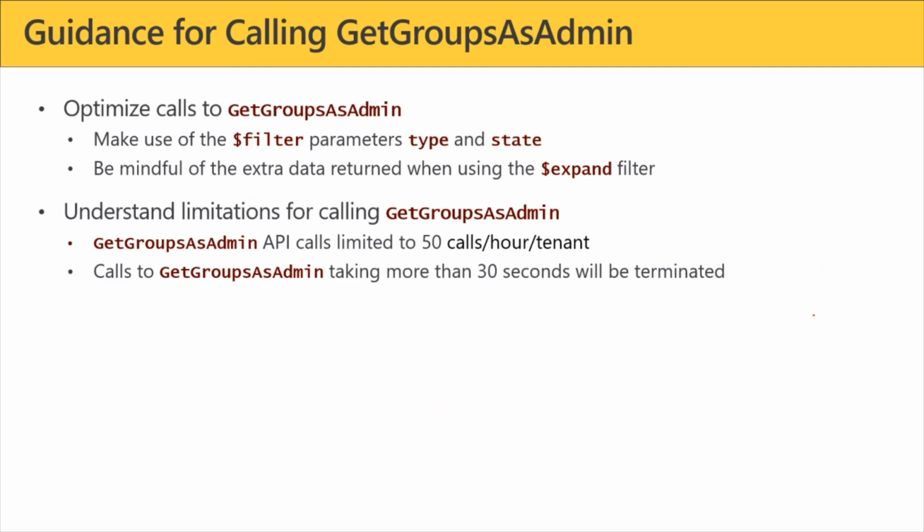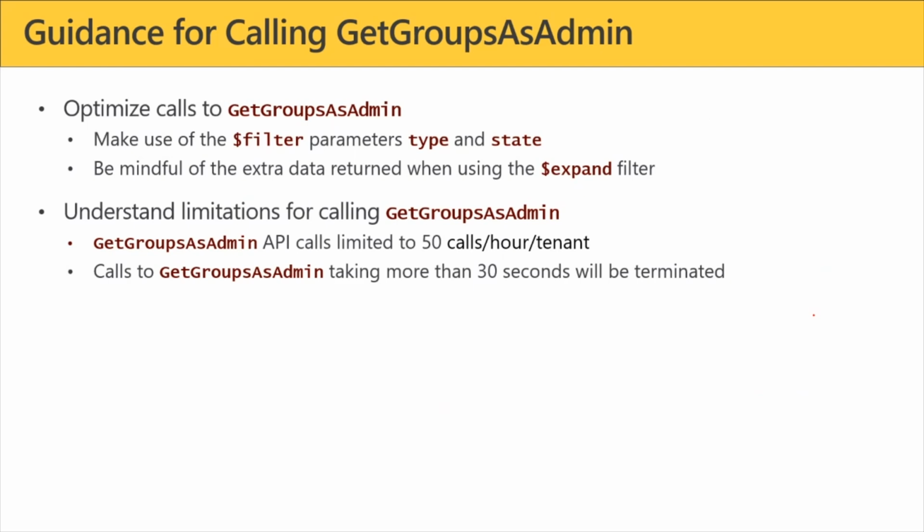So what we have now is that calls to GetGroupsAsAdmin are limited to 500 calls per hour per tenant. And there are a lot of performance reasons that we need to enforce that limitation. Also, calls to GetGroupsAsAdmin that take more than 30 seconds just get cut off. They're terminated.